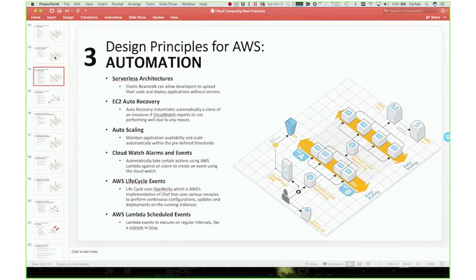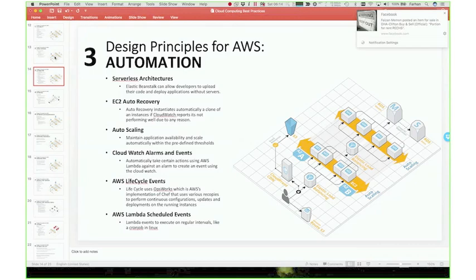It can automatically recover that EC2 instance with a specific event trigger, and you don't have to worry about it. You just get a message that the instance was cloned and the traffic was shifted to the new instance without any downtime. So this is again a form of automation.